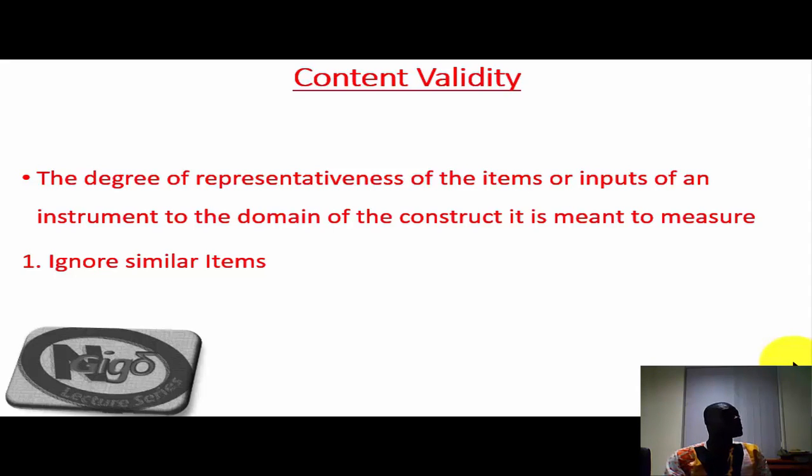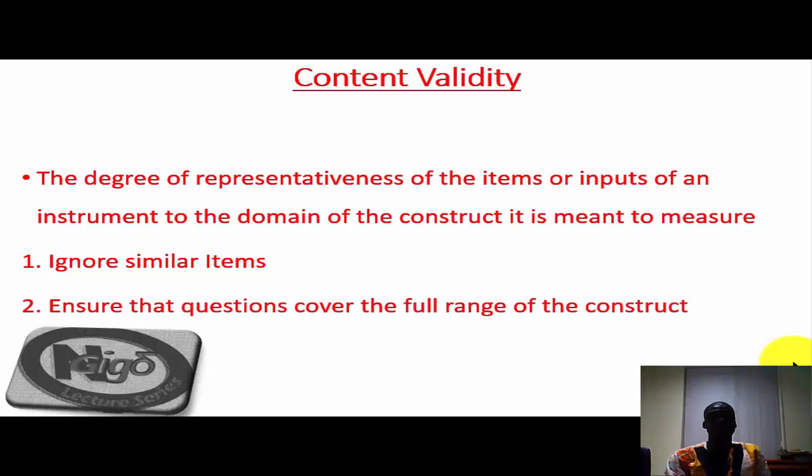So you just avoid what we call redundancy, and then you ignore similar items. And then ensure that questions cover the full range of the what? Of the constructs. Ensure that the questions cover the full range of what? Of the constructs. Yeah, and that can be found in and the fields designing questionnaire.